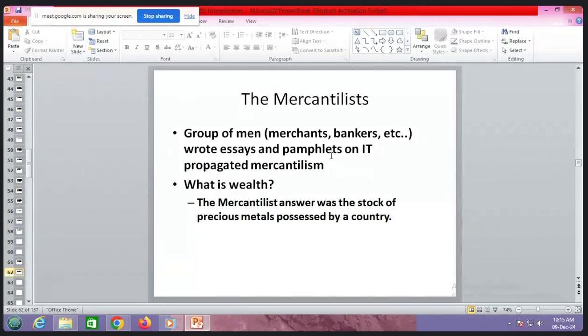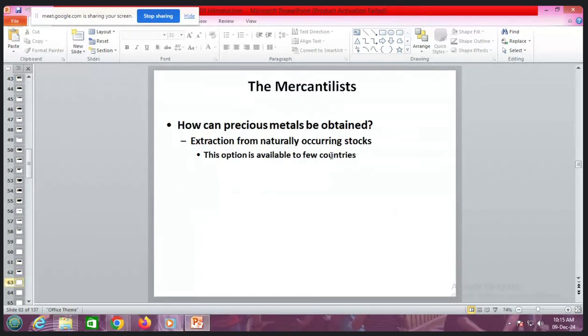According to this mercantilist view, any country which has a higher stock of precious metal is considered to be rich. Or, what is the wealth of any nation? The wealth of any nation is the precious metal that it possesses, to put it in simple words.